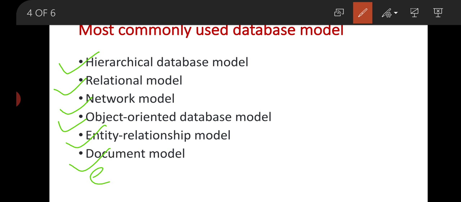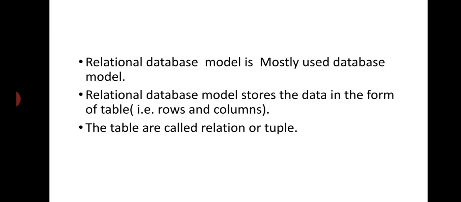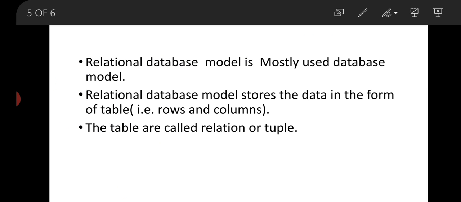There are some more database models used in the DBMS field. We are not going into detail on each type because this is not part of the syllabus. So we are going to understand the relational database model.